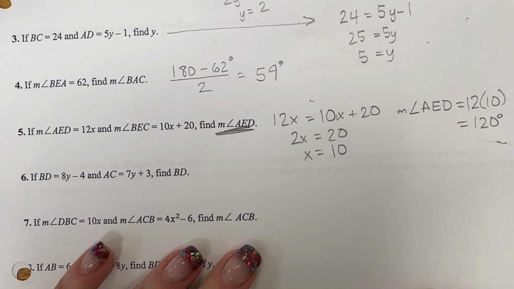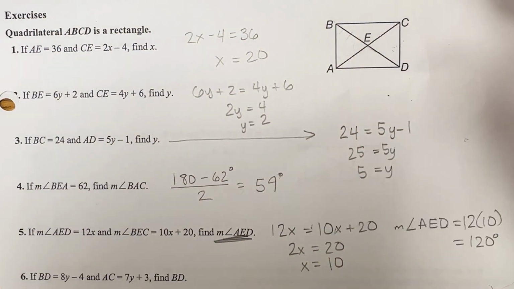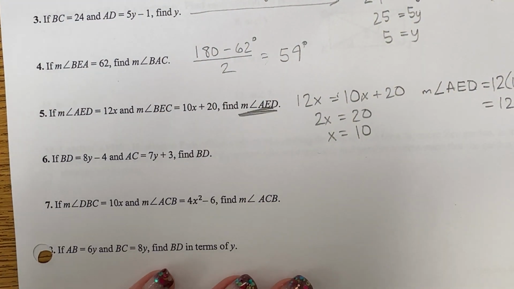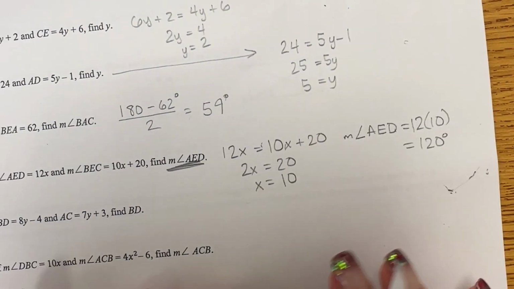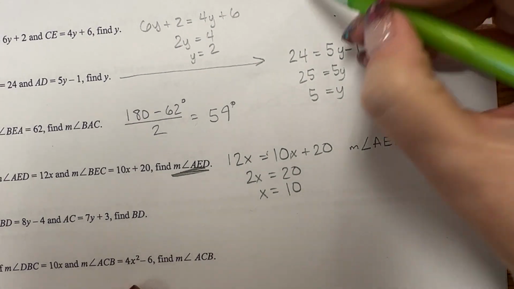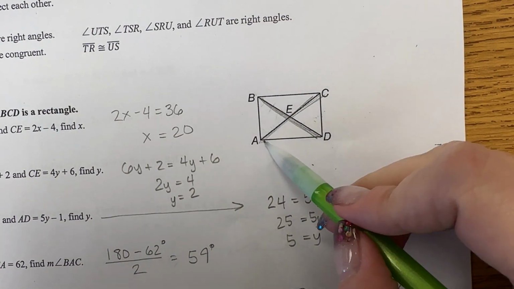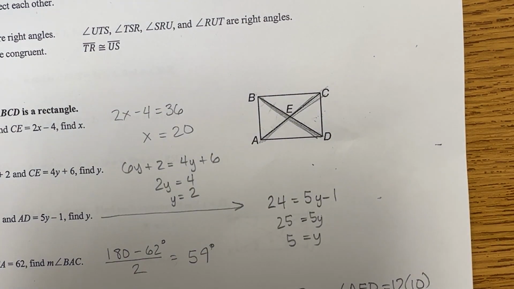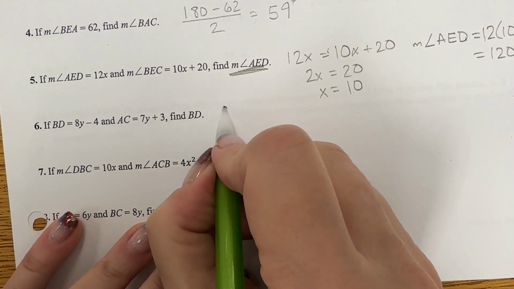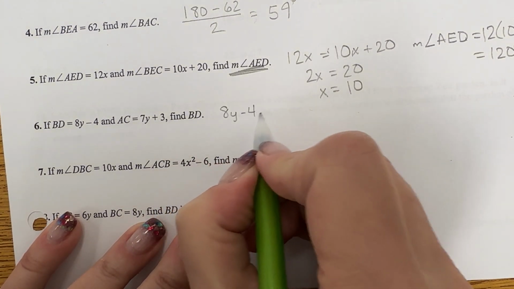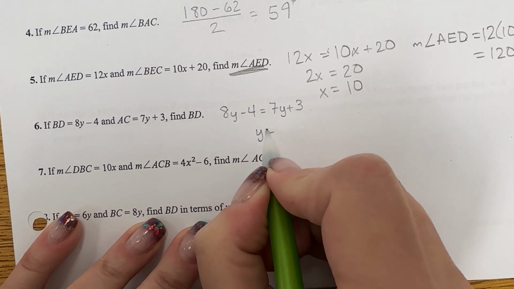Now I've got to go up and erase my picture again. All erased. All right, now let's take a look at this one. This one says BD. So BD is that whole diagonal right there, and AC is the other diagonal. Diagonals are equal when you're talking about a rectangle, so all I have to do is say 8y minus 4 is equal to 7y plus 3, so y is going to be equal to 7.